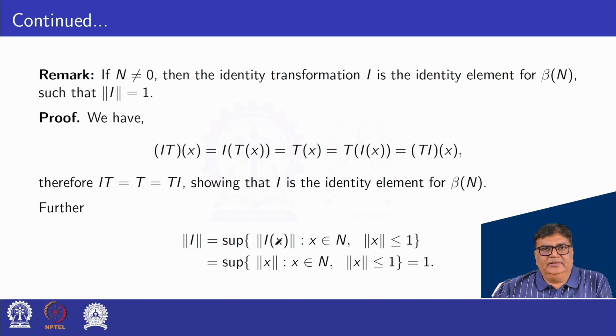Ix is x, so it is norm x, such that norm x is less or equal to 1, that is, this is 1. So norm I is equal to 1. So the seventh condition is also satisfied.